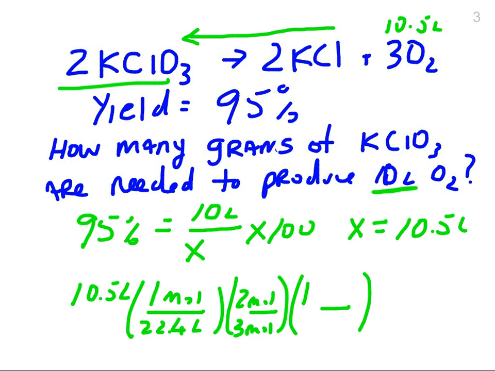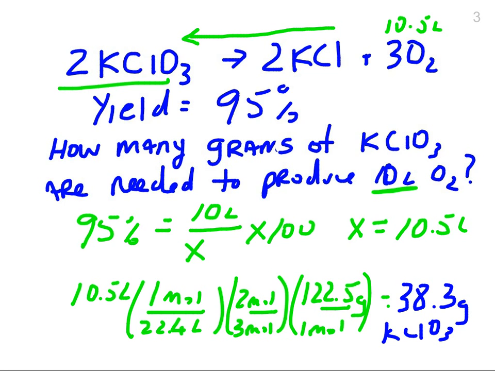The GFM of KClO3 is 122.5 grams for every 1 mole. So now, what I need to have started originally, 10.5 divided by 22.4 times 2 divided by 3 times 122.5 tells me I needed 38.3 grams of KClO3 to start with, that if I get a 95% yield, it will produce 10 liters.